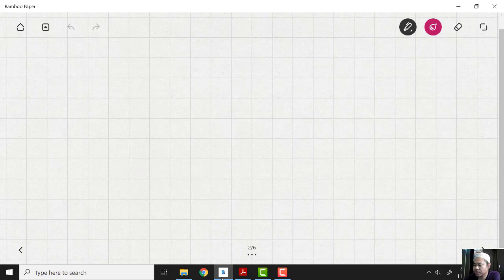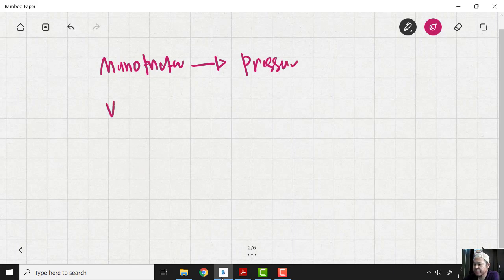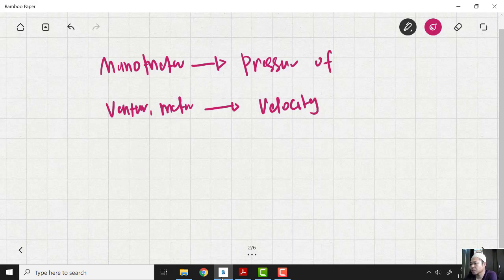The first is the manometer in chapter 2. Manometer is used to measure pressure. And then we have the Venturi meter. Venturi meter is used to measure velocity of flow of fluid.